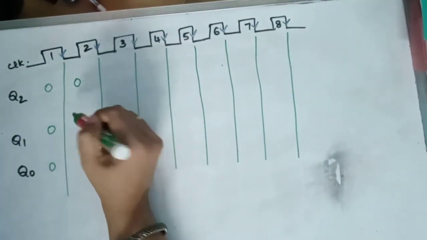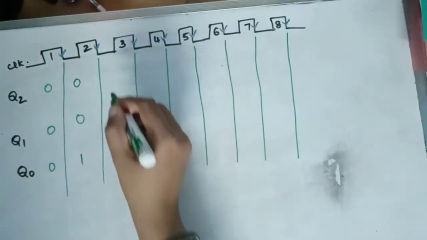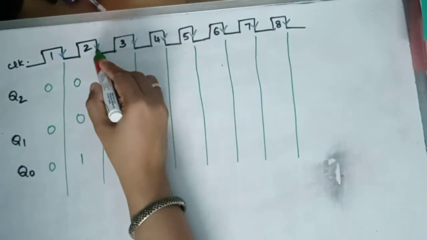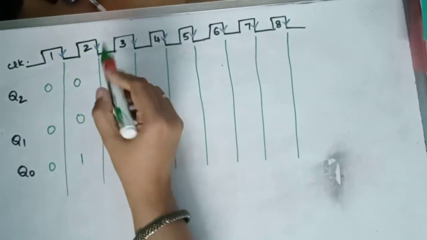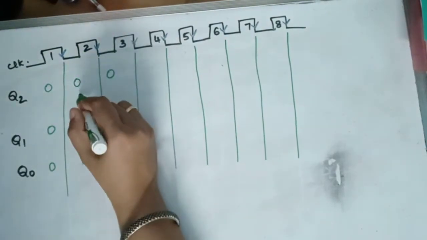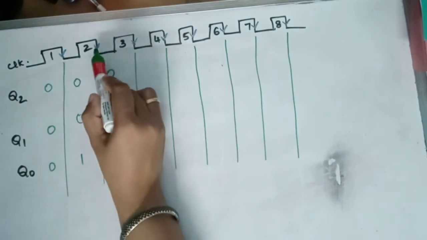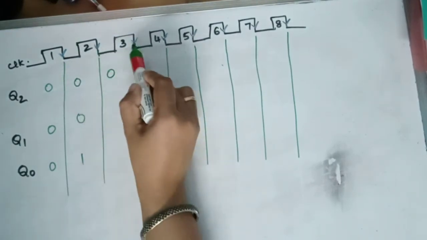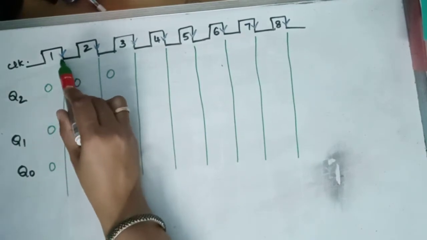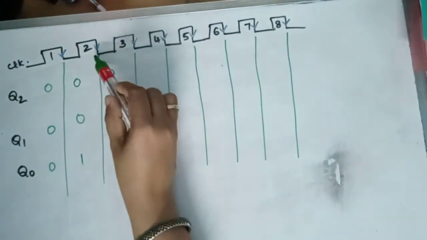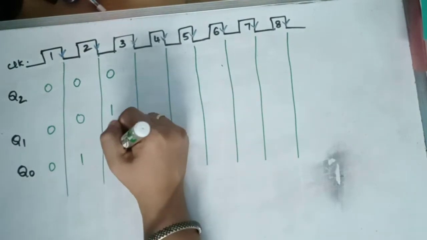When the first clock comes, I get 0, 0, 1. After clock 2, it is 0, 1, 0.